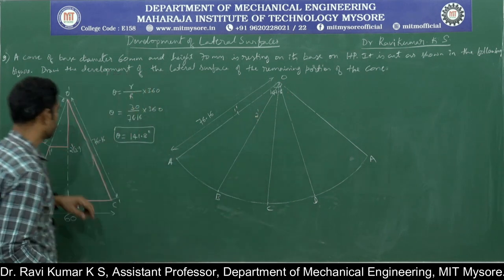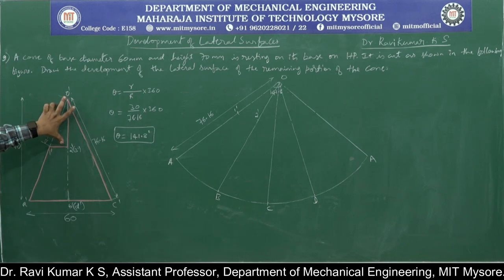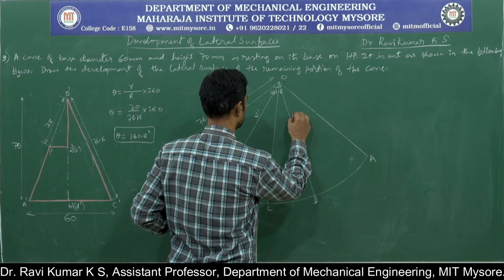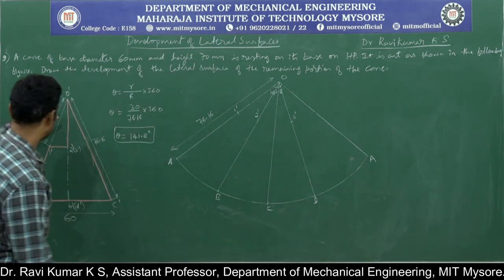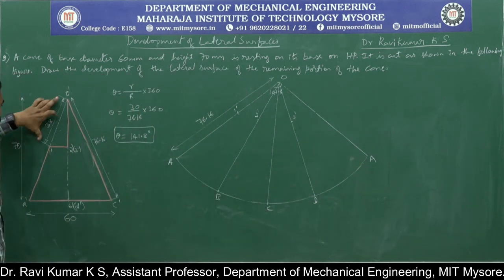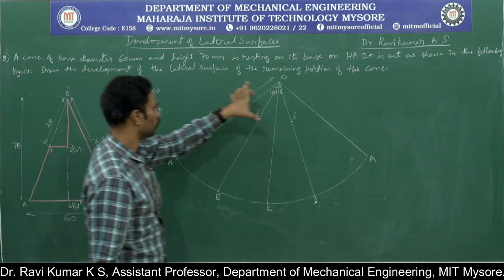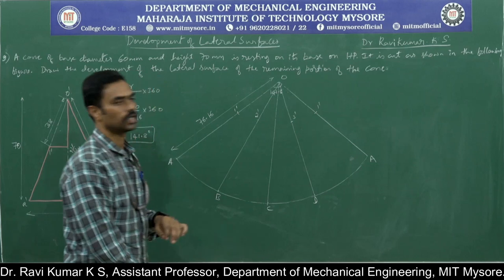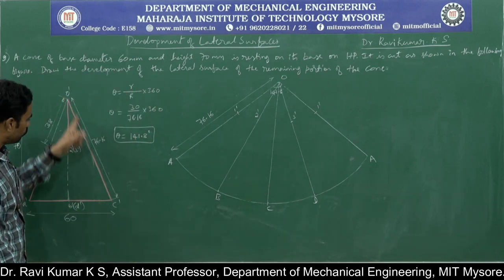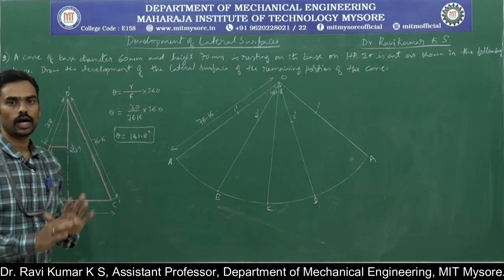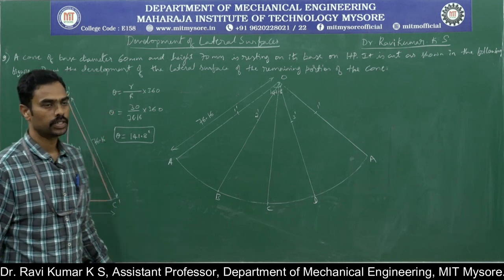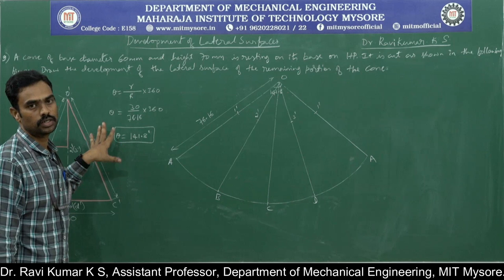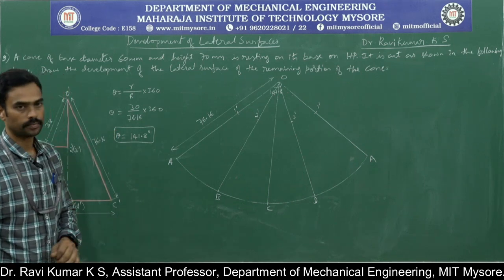O to D, this is 3 dash. Then O to A is 1 dash again. What about O to C? O to C remains unchanged, unaltered. The section plane is not affecting the generator OC.